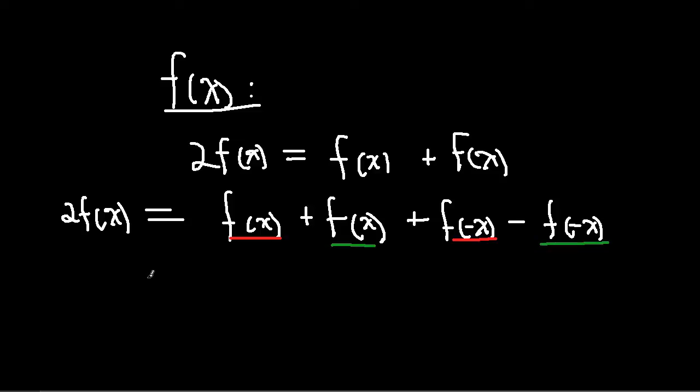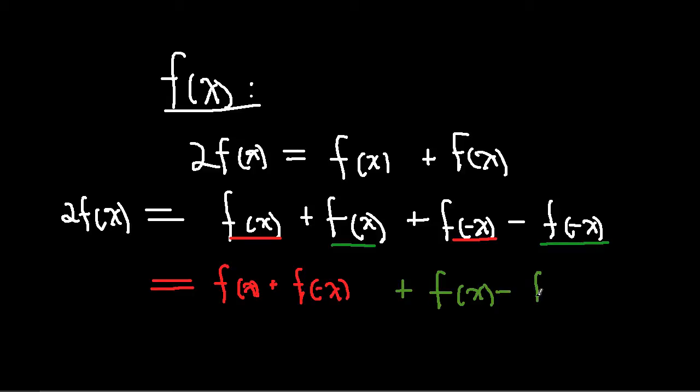When I do that, this is equal to f of x plus f of negative x, and then the other 2 terms become f of x minus f of negative x.